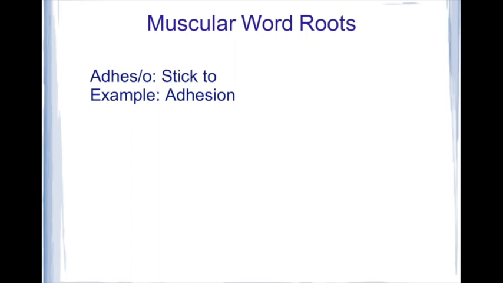We'll start with adheso, like adhesion. Now, glue is an adhesive, right? Tape is an adhesive. What do both of those do to two different things? That's what adhesions in the muscles do. They stick to things, they stick things together.